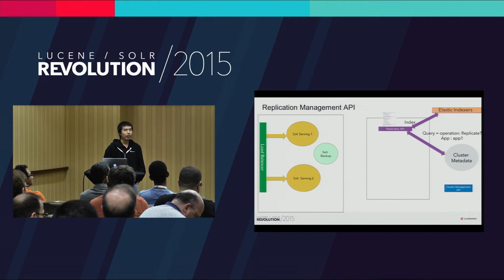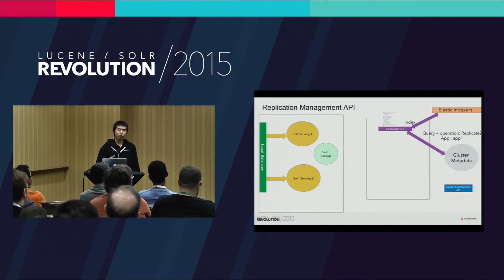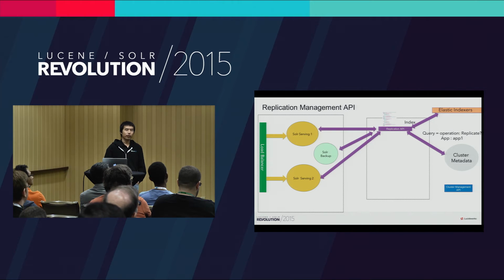And the replication API will go to the cluster metadata database to figure out how many data centers in the cluster have the role of replicate. So in this example, because the backup and serving data centers have the role of replicate, it just replicates all the index to all 3 data centers.